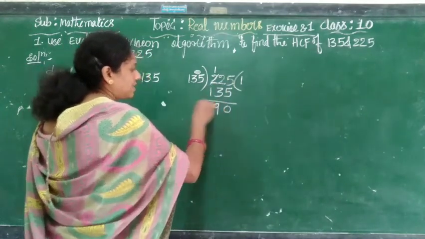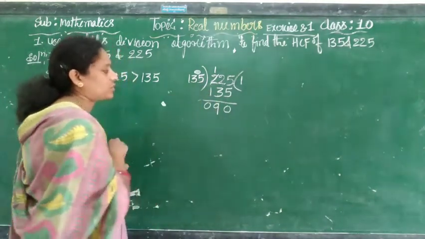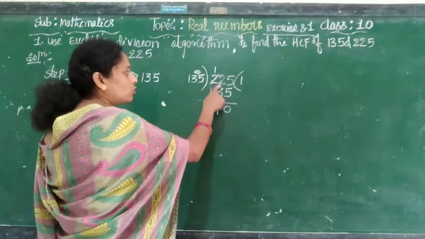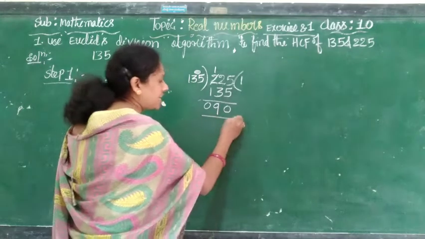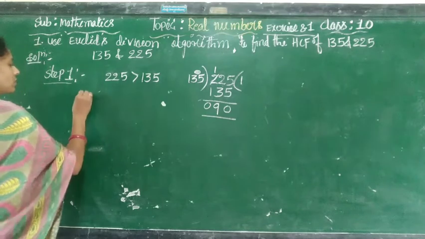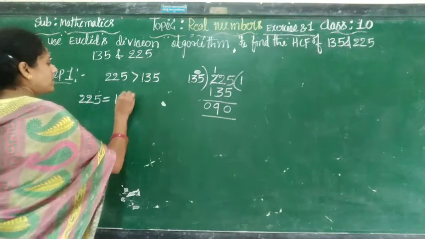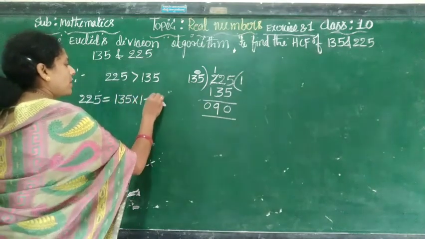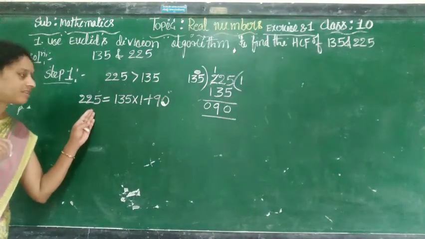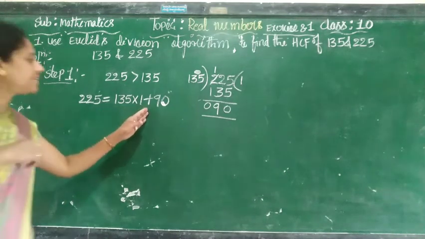So 9. 1 minus 1 is 0. Dear students, 135 is subtracted in 225. We get remainder 90. So write 225 is equal to 135 into 1 plus 90. Once again, 225 is equal to 135 into 1 plus 90.